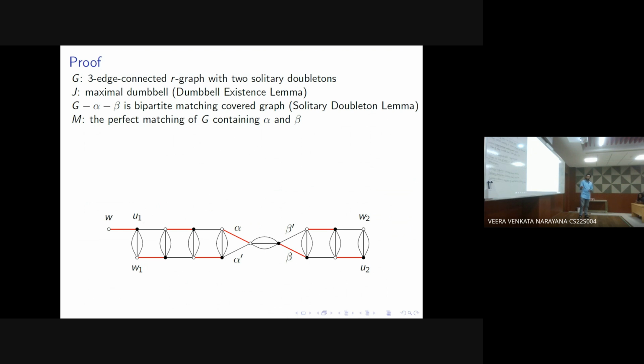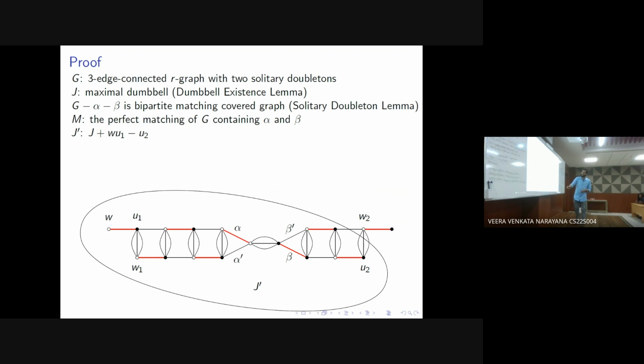Now we are considering this subgraph J prime. J prime is nothing but J plus this extra edge WU1, and we remove W2. So if you observe carefully, both J prime and G minus V of J prime have a unique perfect matching. That is because alpha is solitary.